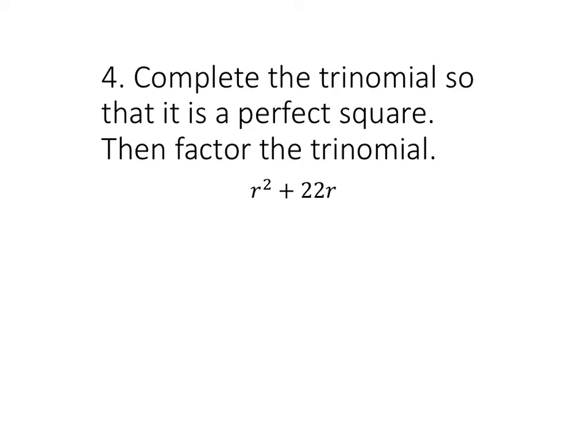Here we are to complete the square so that it is a perfect square. So to do that, we're going to add a number that is half of this squared. So we half it to get 11 and we square it to get 121, and that's what goes there.